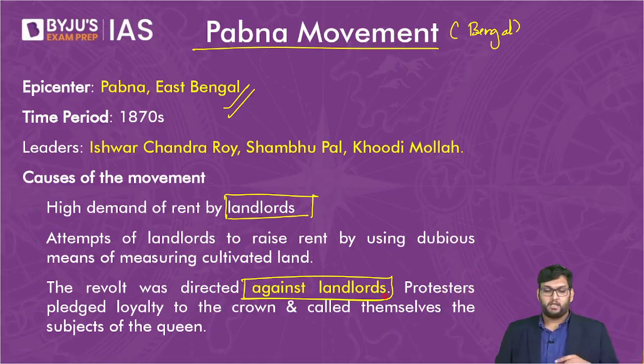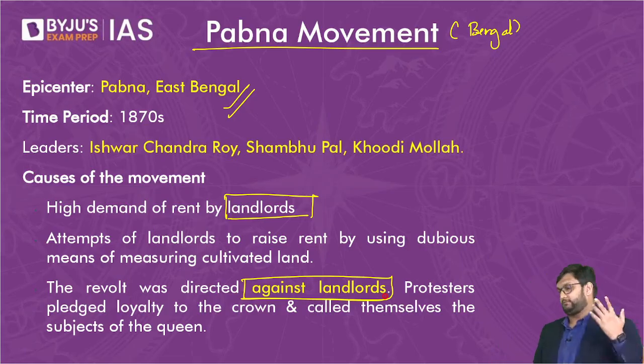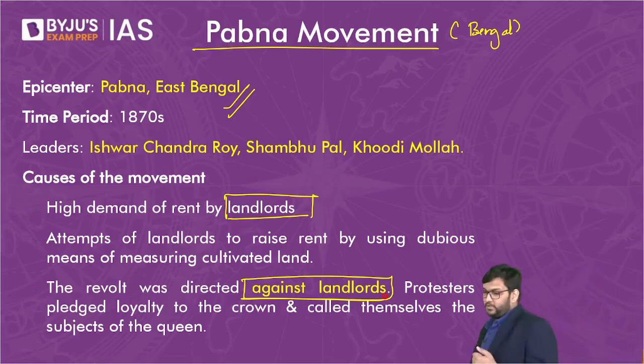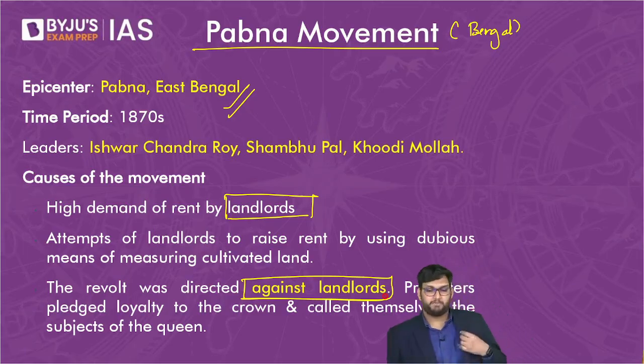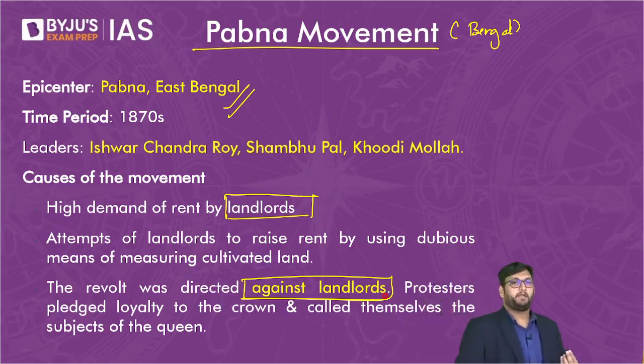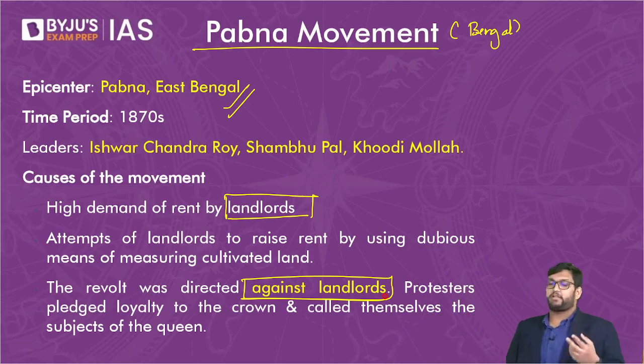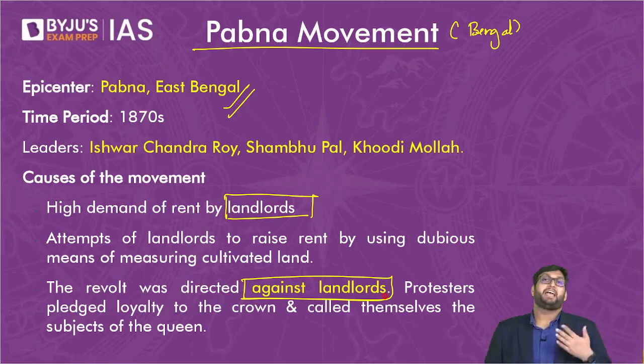It says, protesters pledged loyalty to the crown and called themselves the subjects of the queen. They said that we are the peasantry of India. We are getting exploited by the landlord and their high demands. So you, the British, the mighty British, help us, because we are the subjects of your queen.